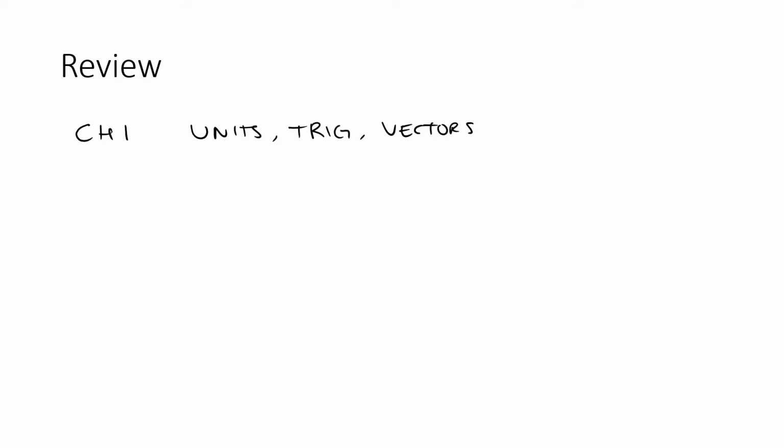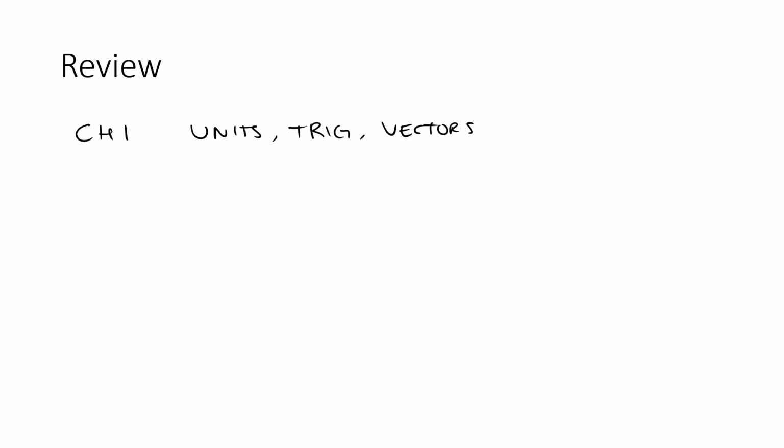What did we do with units? Well, how to convert units, going from one thing to another. Not just some vague feet to kilometers, things like that. What does a kilometer mean? Maybe kilometers to meters to centimeters. How do you do that?